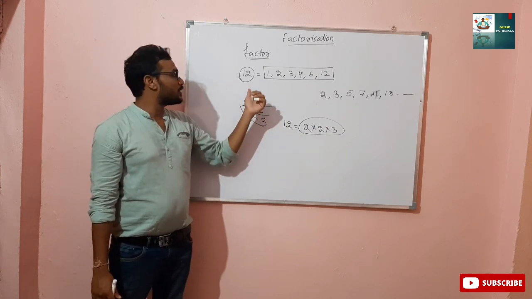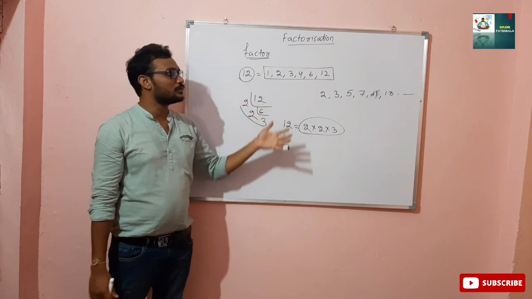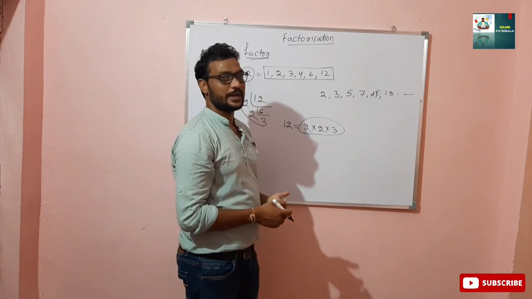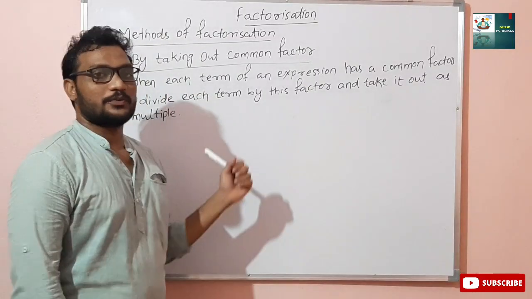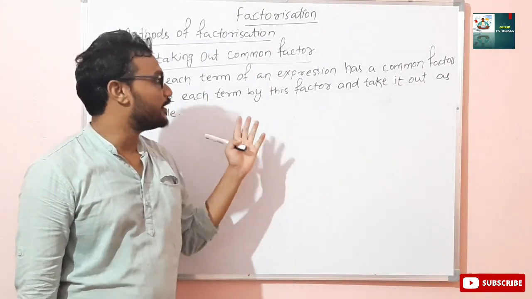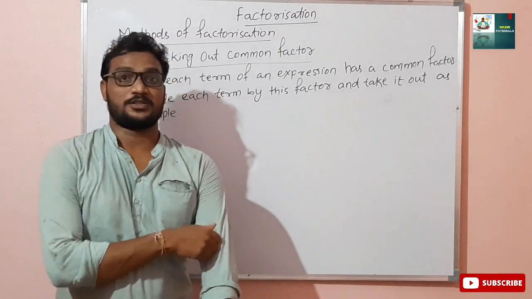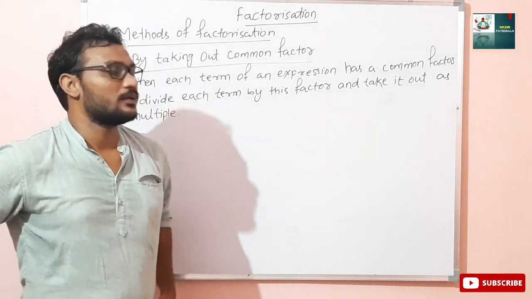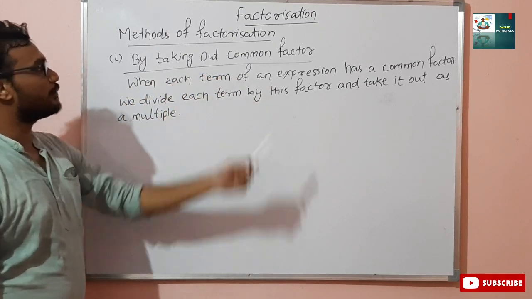But this is a very easy concept. We are not going to learn how to factorize numbers; we are going to learn about factorization of algebraic expressions. We have just read the concept of factorization. There are different methods of factorization. The first method is by taking out a common factor.